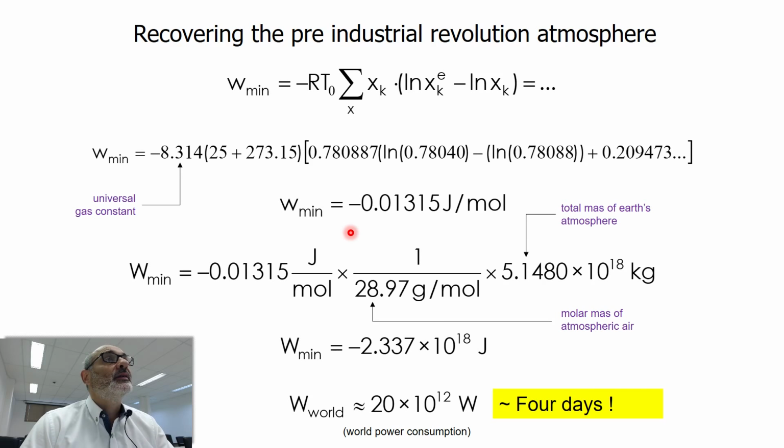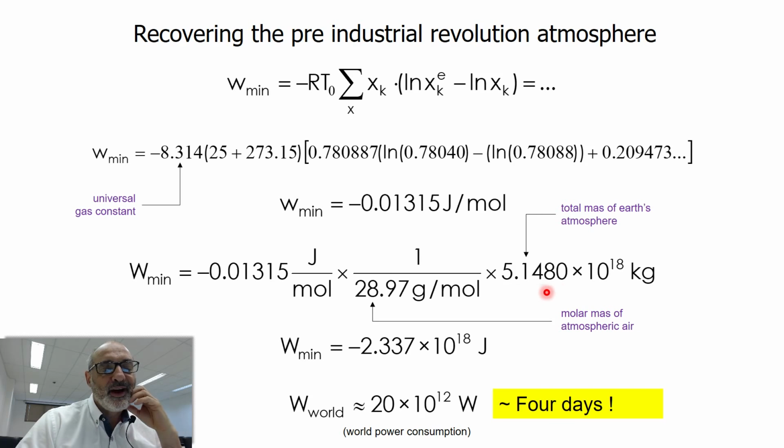We get this number. The minimum amount of work for this process is minus 0.01315 joules per mole, and this is per mole of atmosphere. I want to calculate this for the whole Earth. I don't know how many moles of air I have, but I know the mass of air in our planet.